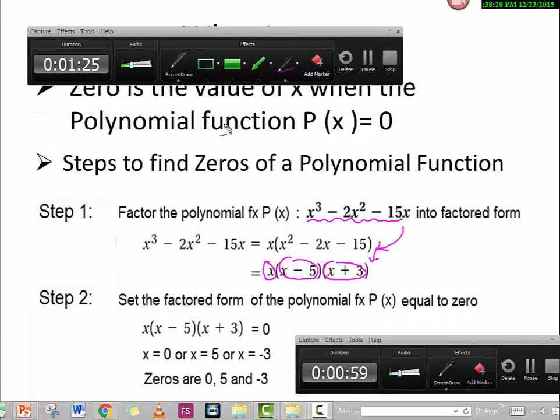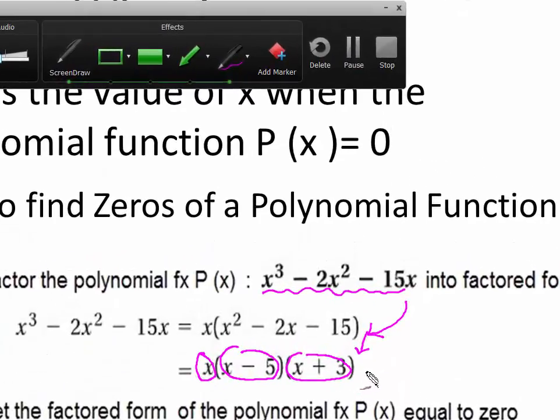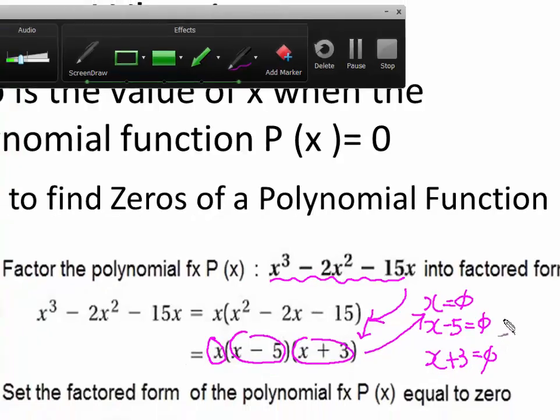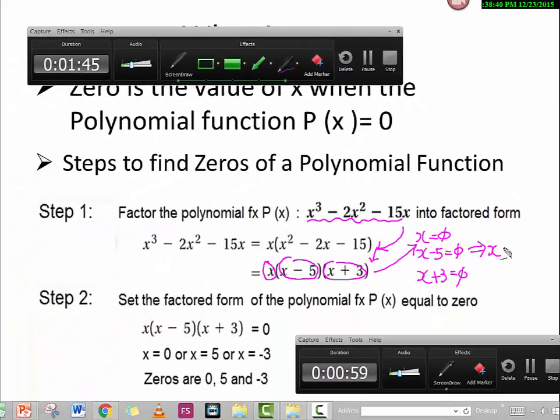In order to find the zeros, we set all these linear factors equal to 0. So x equals 0, and then x minus 5 equals 0, and then x plus 3 equals 0. Then we solve for x. In this case, x is equal to 5 and x equal to negative 3.